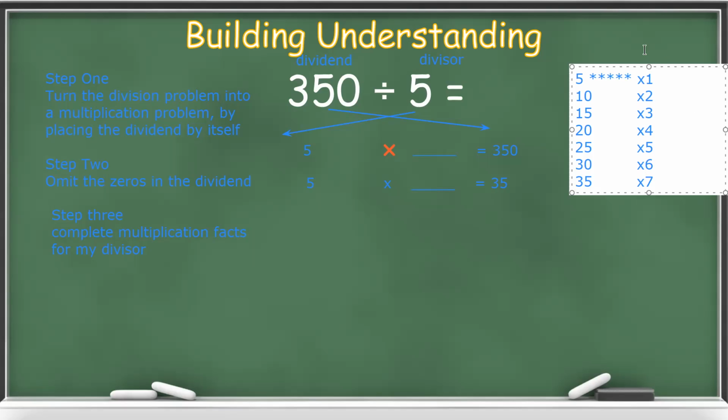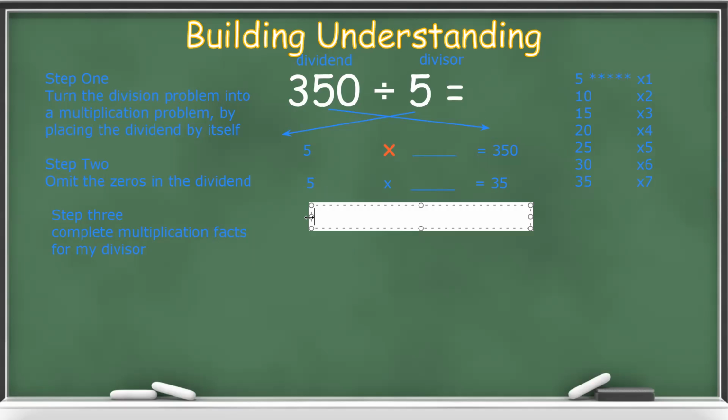All right, so we did 7 times. So now I know that 5 times 7 equals 35.